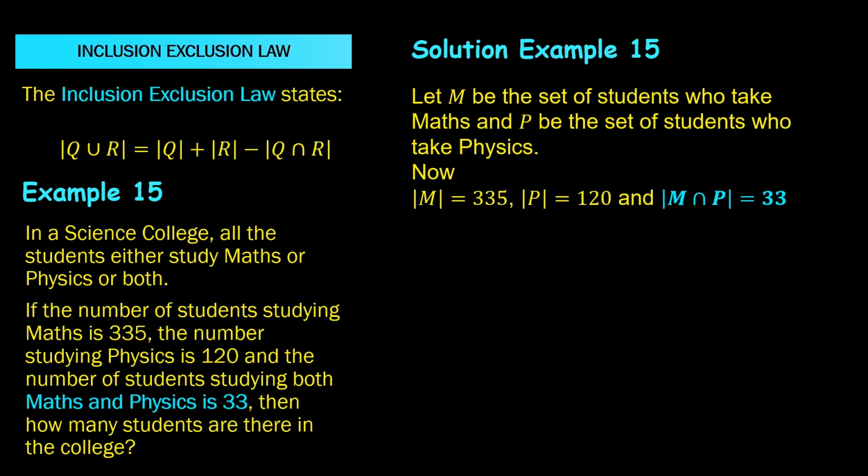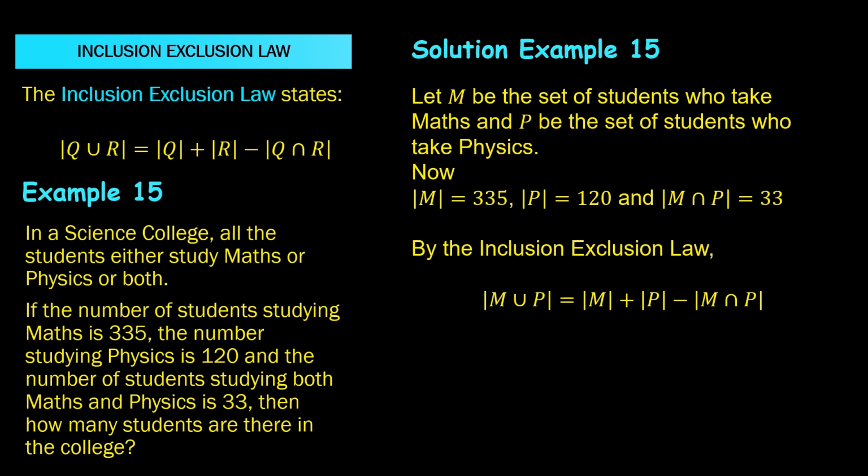By the inclusion-exclusion law, we have that mod (M union P) equals mod M plus mod P minus mod (M intersect P). So plugging in the values gives us 335 plus 120 minus 33 equals mod (M union P). And calculating this gives us that the number of students in the college is 422.